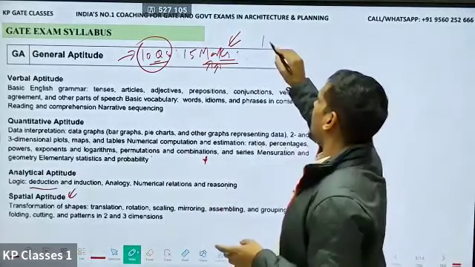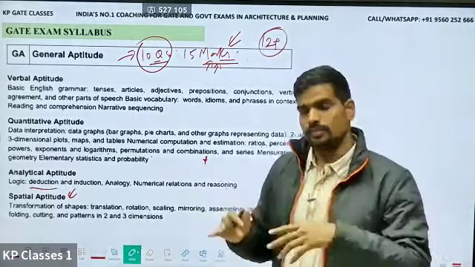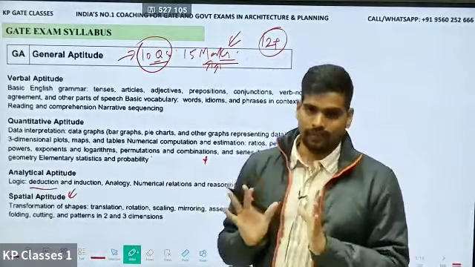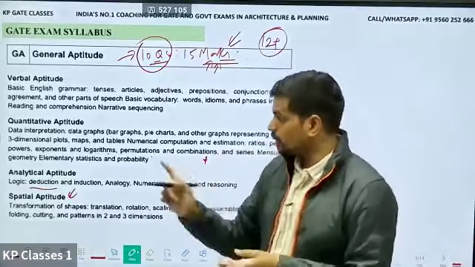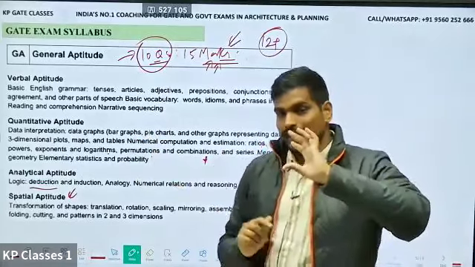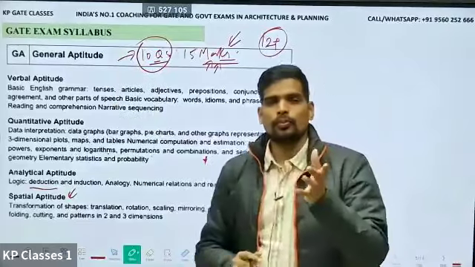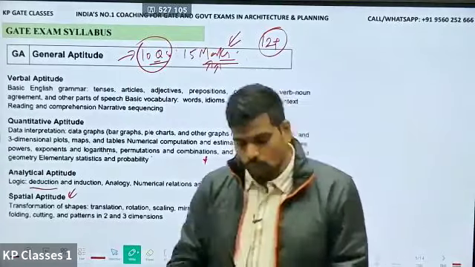And ideally you should target 12 plus, not 15 on 15 as such, because there will be some aspect of luck over there. It is possible that the paper will be difficult, particularly quant. At least one or two tricky questions they will ask in the general aptitude part. 70% of the questions will be simple and straightforward, even with zero preparation.